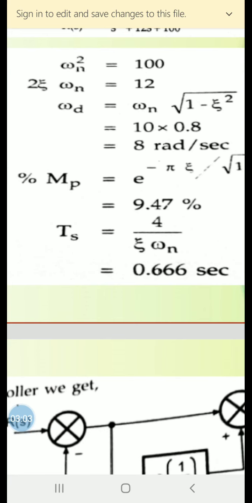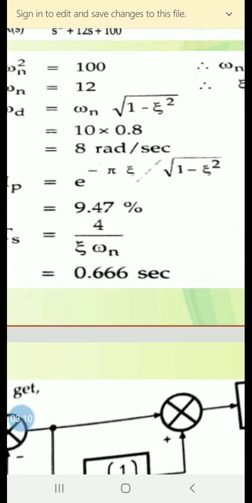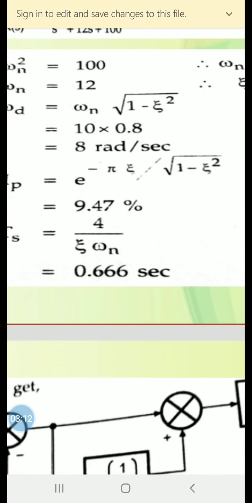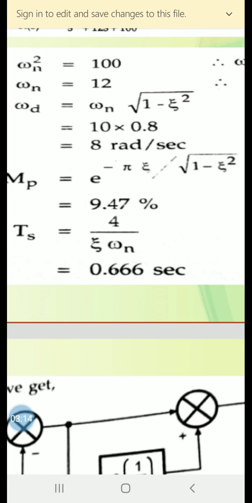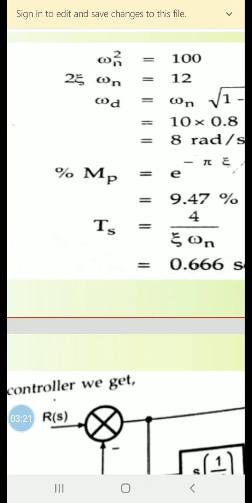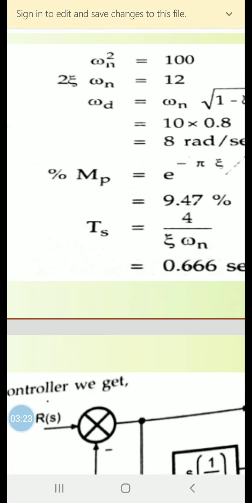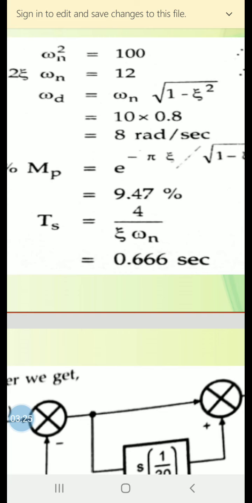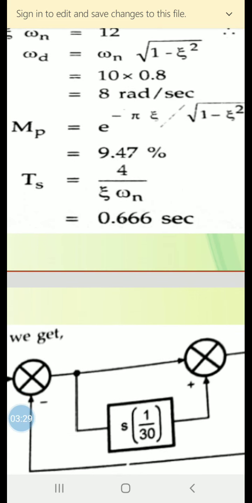So percentage MP is equal to e raised to minus pi damping ratio divided by root of 1 minus damping ratio square. Substituting damping ratio, it will come equal to 9.47%. We have TS is equal to 4 by damping ratio omega n. Substitute omega n and damping ratio, find TS, it will come 0.666 seconds.